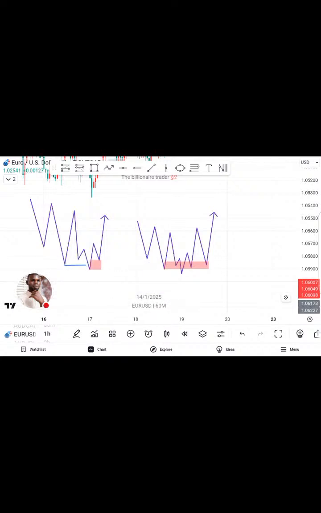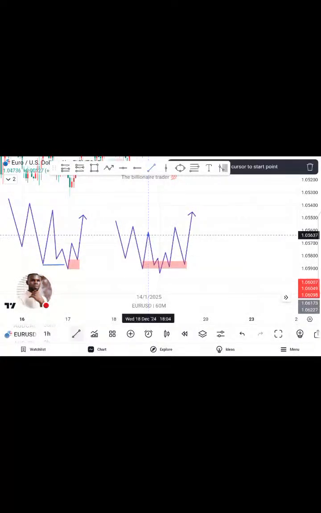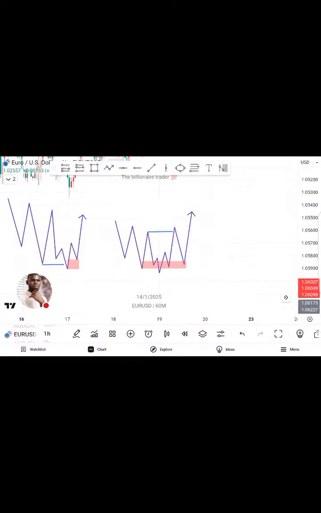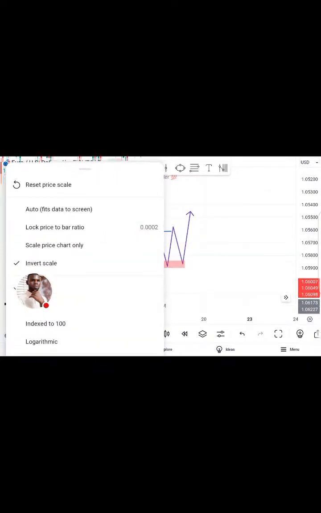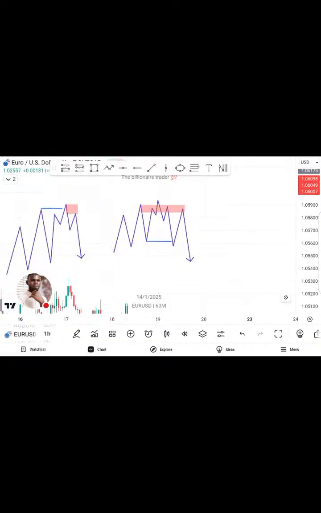So the same thing is applicable. If price later breaks this structure to give us a change of character, price is going to respect the last demand zone of the structure before the break of structure to have the next move. So I saw something of such. Let me just use it as an example.